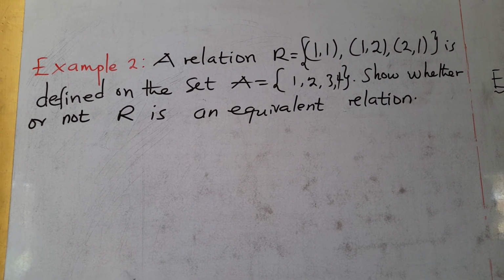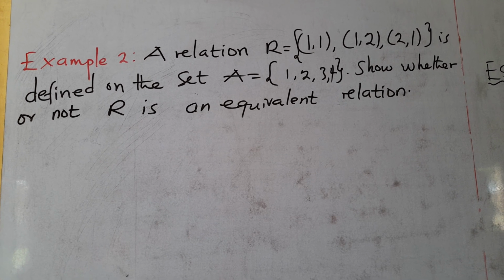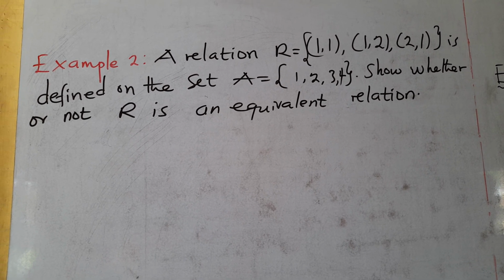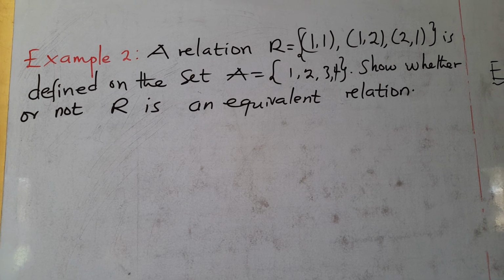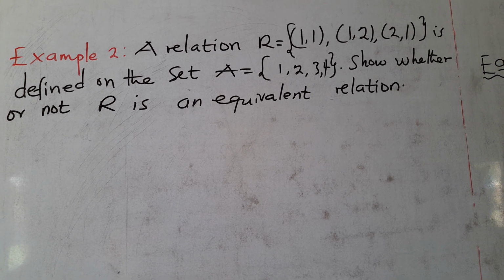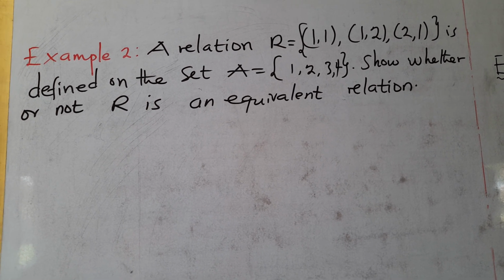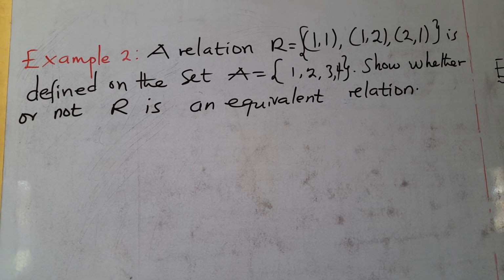They say a relation R equal to the set with the ordered pairs 1 1, 1 2 and 2 1 is defined on a set A with the members 1, 2, 3, 4. We should show whether or not R is an equivalence relation.